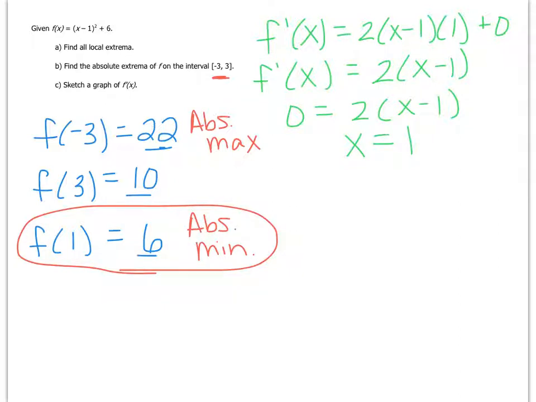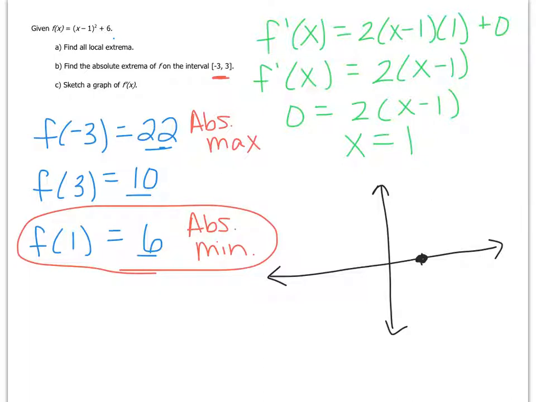And then the last part said, go ahead and sketch f prime of x. Well, this tells me that f prime of x is equal to 0 when x equals 1. And then I need to know what else is happening to the graph. What's happening when x is 2 or 3 or -1 or -2? So we have to kind of think about what the graph looks like. So I'm going to actually sketch this parent graph. This is a quadratic.